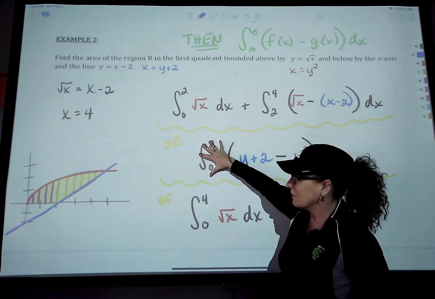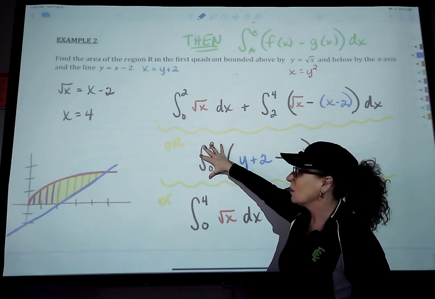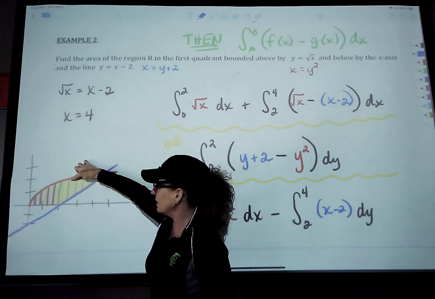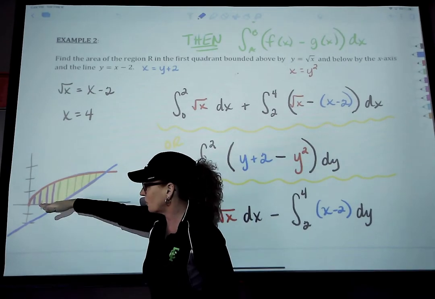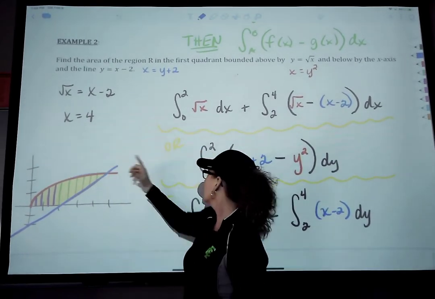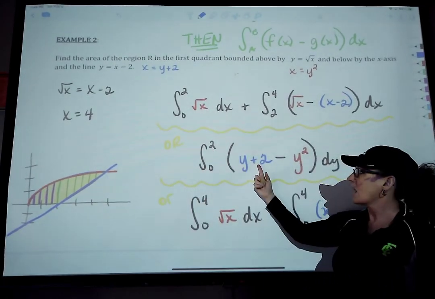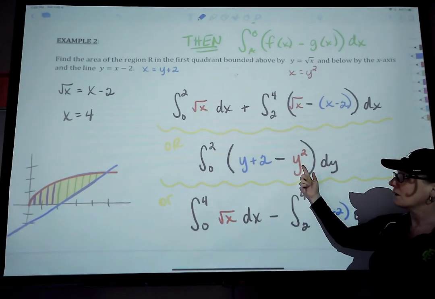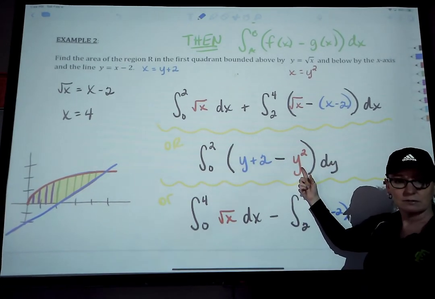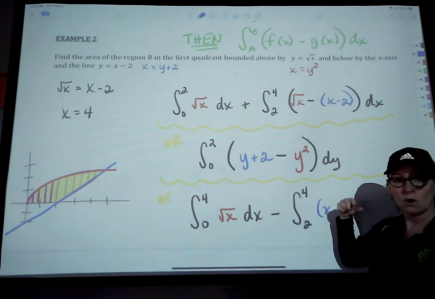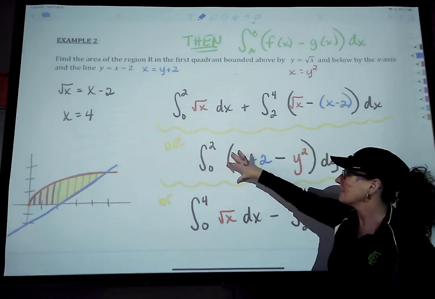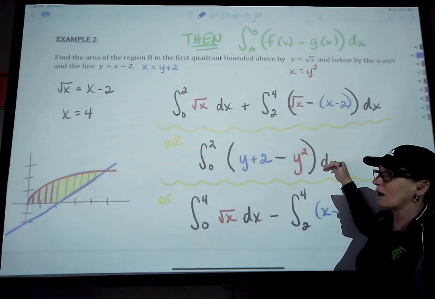This is horizontal rectangles. Remember I went from here to here, here to here, here to here. I started my accumulation at 0 and I stopped it at 2. Line minus the radical one, dy. Horizontal rectangles. These are y's. This is y.